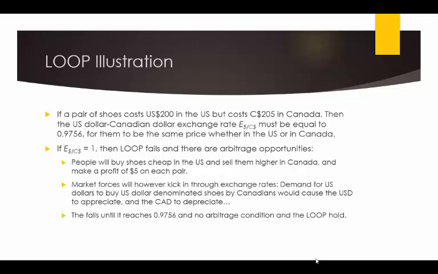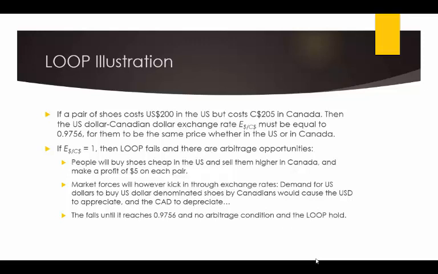If the US dollar Canadian dollar exchange rate in the foreign exchange market is equal to 1, then the law of one price fails, and there is opportunity for arbitrage. Shoes are cheaper in the United States, and there will be increased demand from Canadians to purchase the shoes from the United States, as it costs them the equivalent of 200 Canadian dollars to buy a pair.